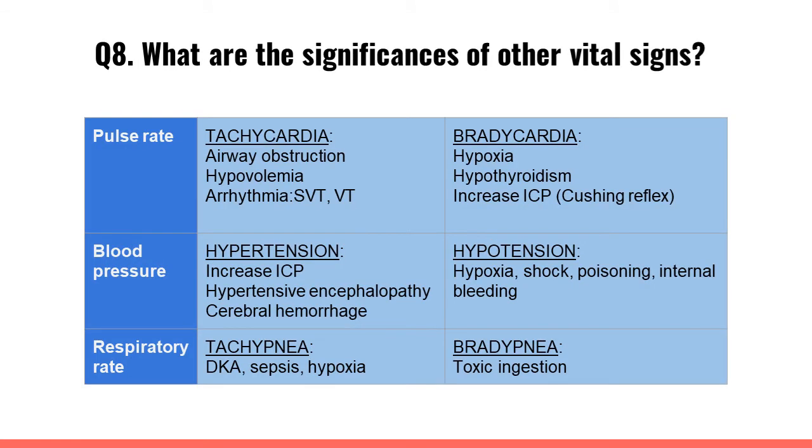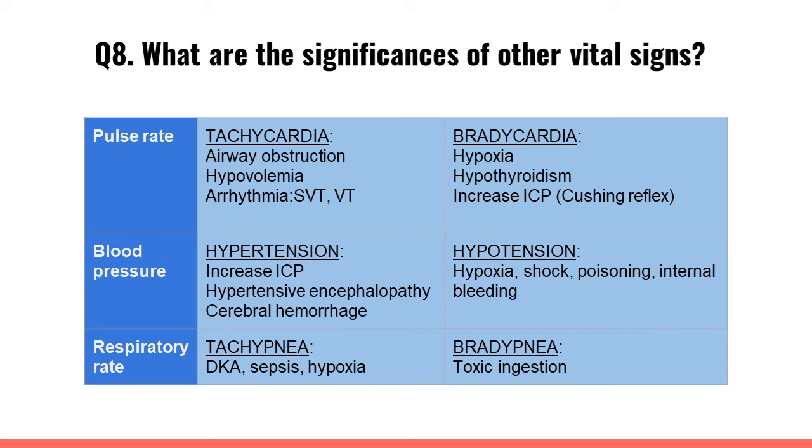What are the significance of other vital signs? Vital signs that we can check are pulse rate, blood pressure, and respiratory rate. If the patient is tachycardic, it can be due to airway obstruction, hypovolemia, or arrhythmia like supraventricular tachycardia or ventricular tachycardia.